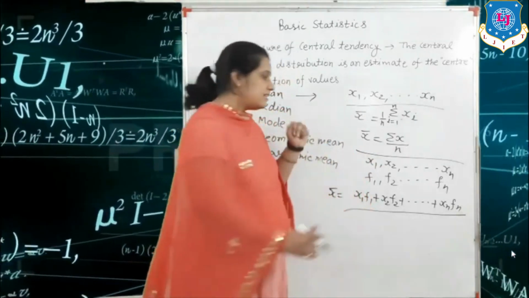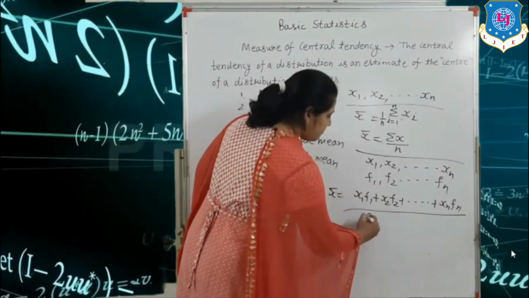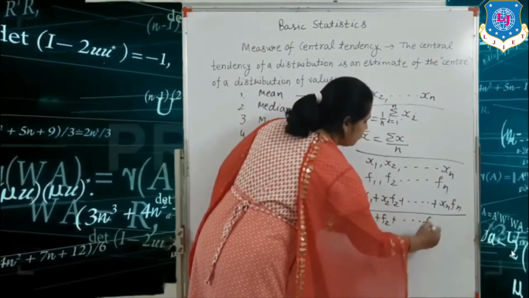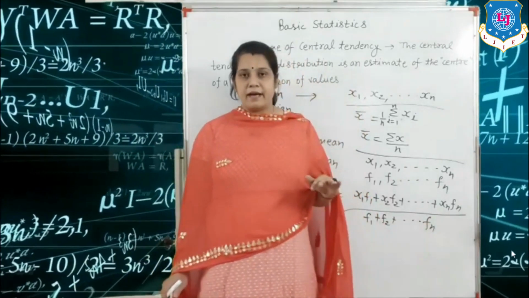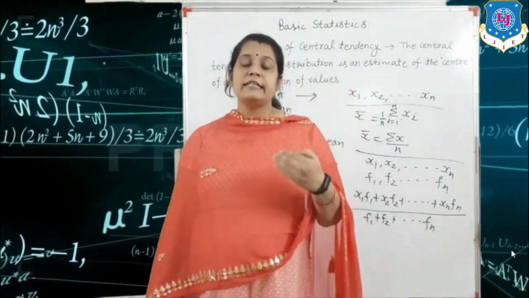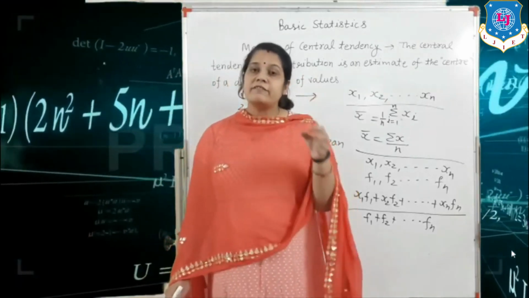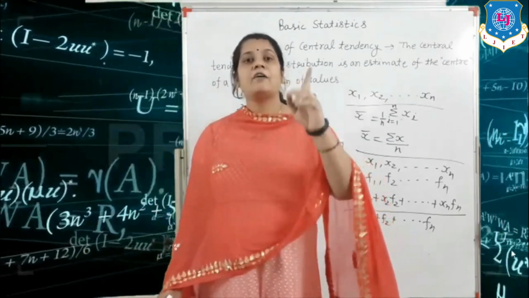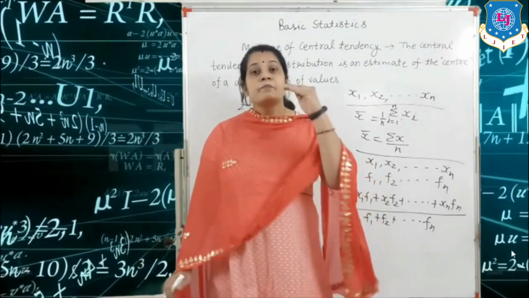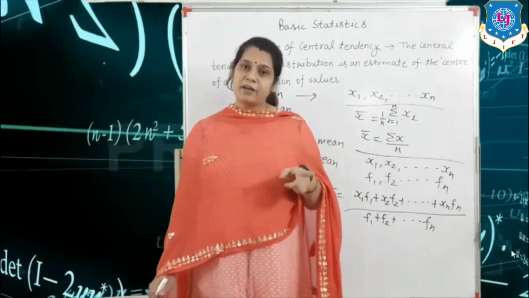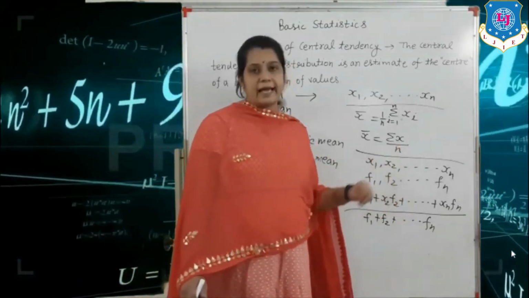But here we divide by f1 plus f2 up to fn. Always keep in mind, if a question is given only in x form, divide by the number of terms, small n. Listen carefully.